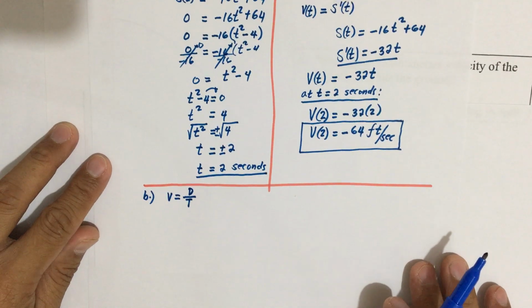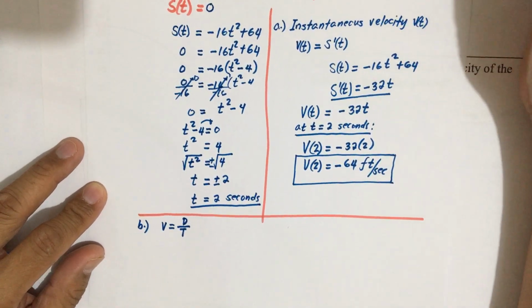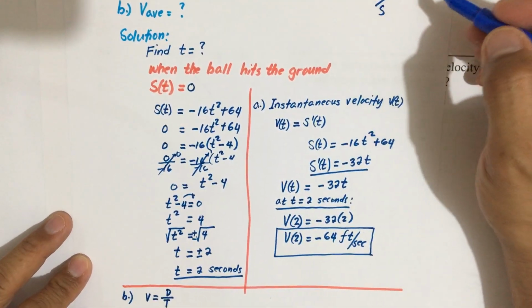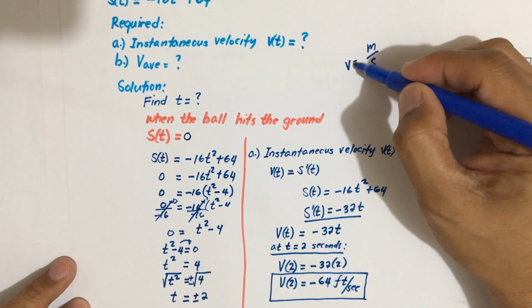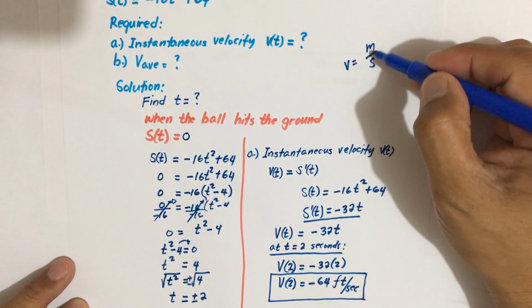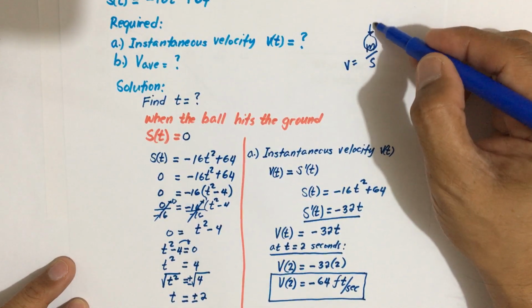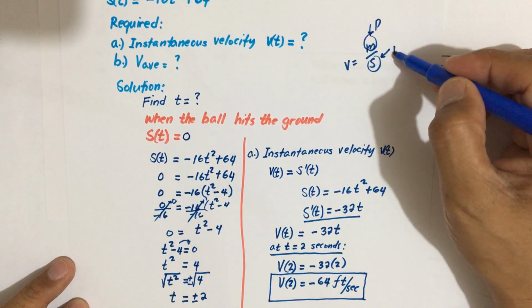So meter per second, these are the units of velocity. Meter is the distance, and second is the time.